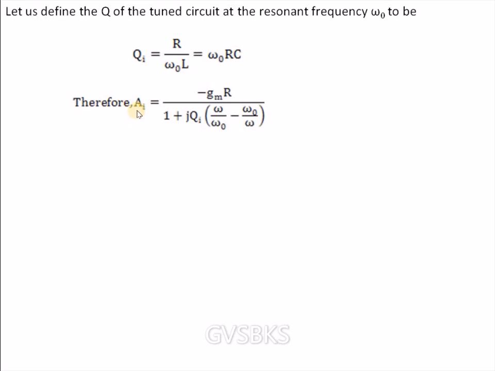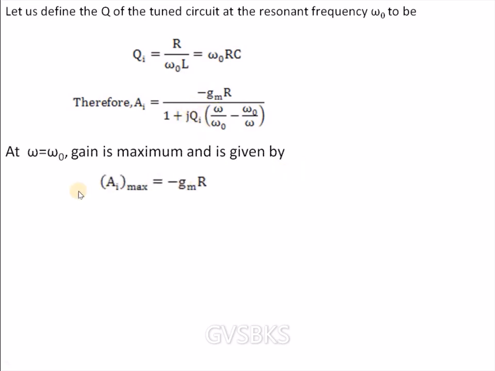Therefore, the current gain Ai is equal to minus Gm R by 1 plus j Qi into omega by omega naught minus omega naught by omega. So we are replacing omega naught Rc with Qi. That is the only change in the above equation.